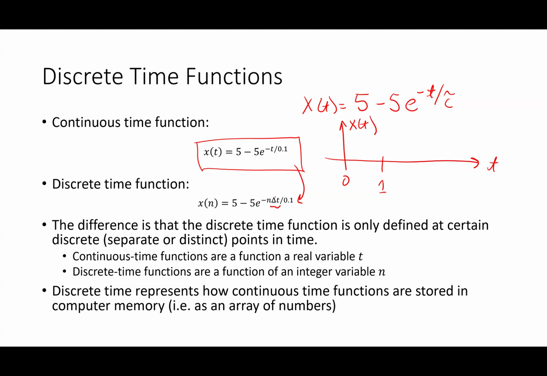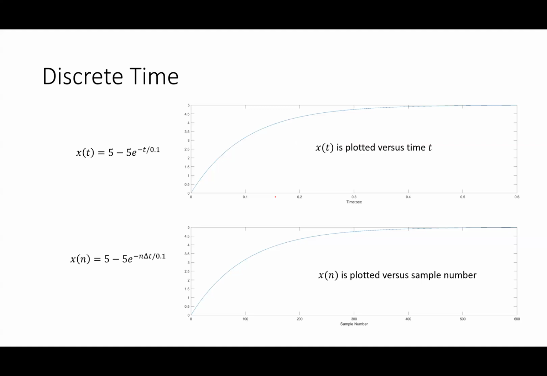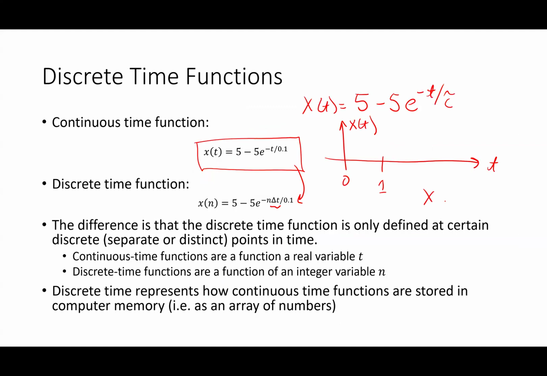So basically this discrete time function, x of n, is going to be a series of points that lives in an array somewhere. The first entry in the array would be x of 0. What would be the second entry? x of 1.